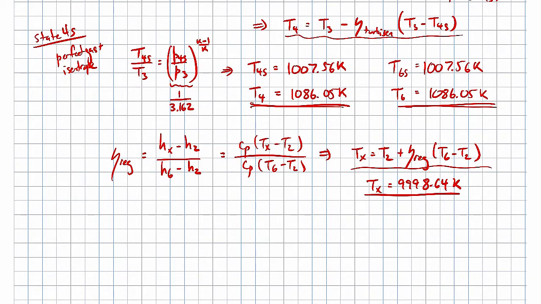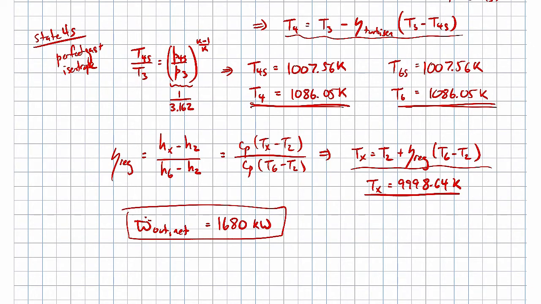If you substitute everything in and work it all out, the net power out is 1680 kilowatts. The power into the compressor comes out to be 2100 kilowatts.